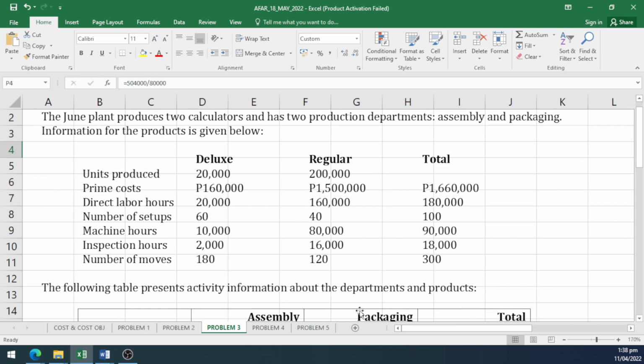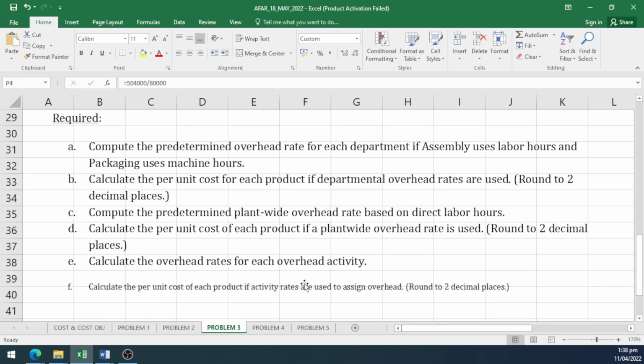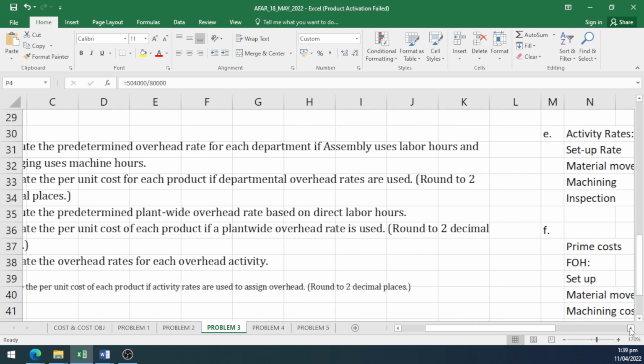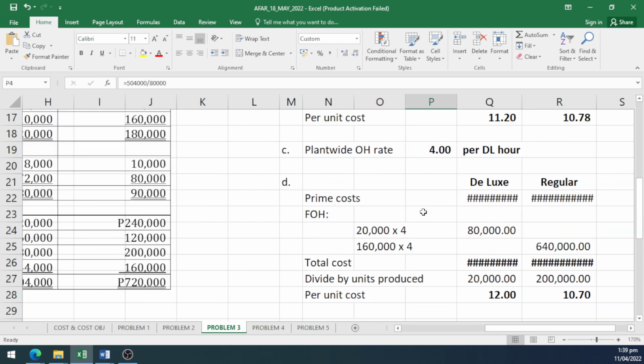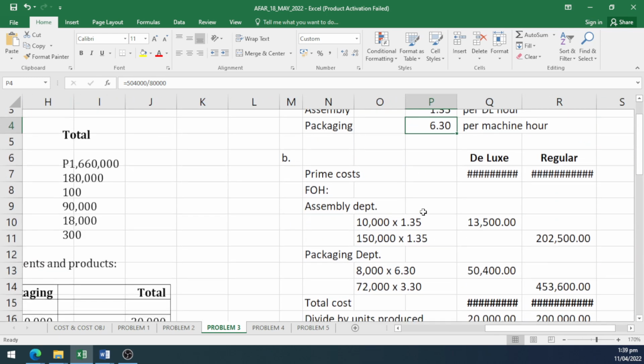Next requirement is calculate the per unit cost for each product if departmental overhead rates are used. We calculate the per unit cost. Pag per unit, kumpleto na yan. Materials, labor, and overhead. We compute, ladies and gentlemen.